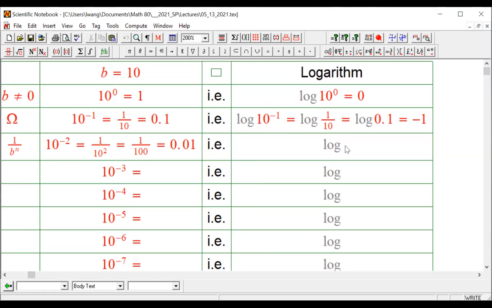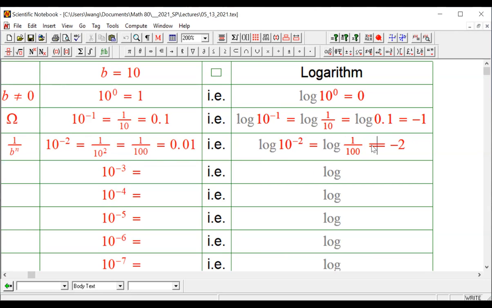Keep going. Log base 10, which is a common log, I can write it this way, and that's going to equal -2. I can also write it this way, which is 1 over 100. That's also equal to -2.